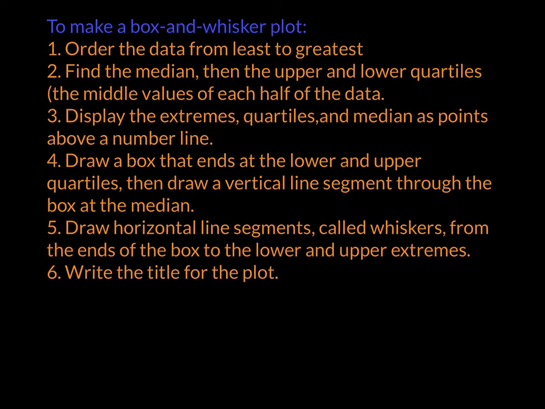Number 4, draw a box that ends at the lower and upper quartiles, then draw a vertical line segment through the box at the median. Number 5, draw horizontal line segments called whiskers from the ends of the box to the lower and upper extremes, and last, you write a title for the plot. So make sure you have these all written down before moving on to the next slide.